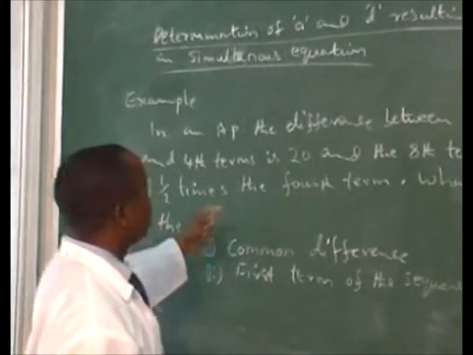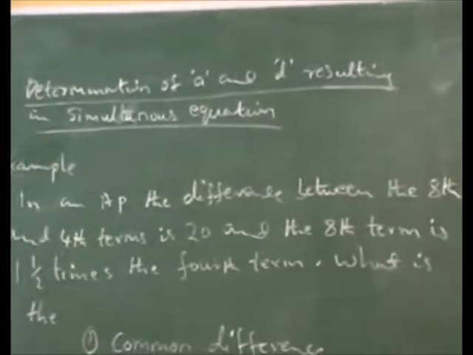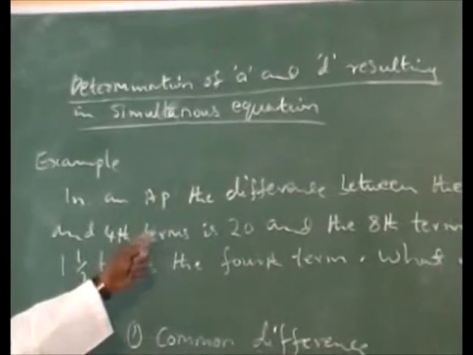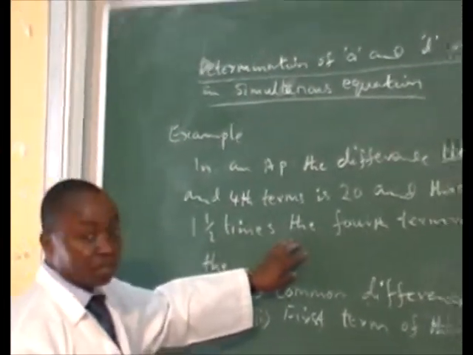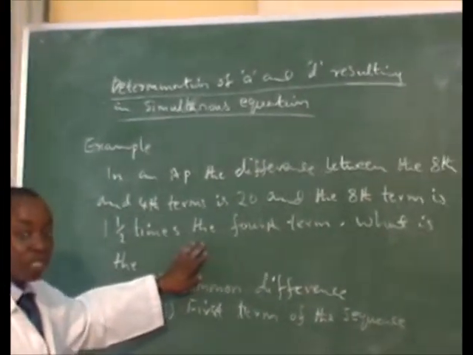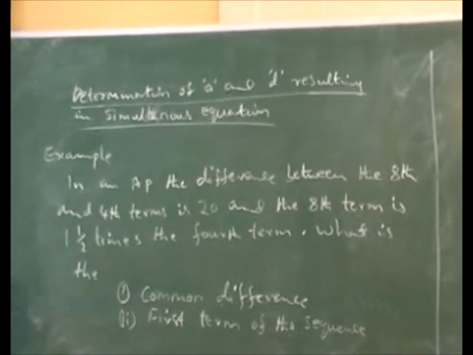So the next one we are looking at is determination of A and D resulting in simultaneous equations. Sometimes questions like this will result in simultaneous equations for us to get A and D. Now, the question is this.